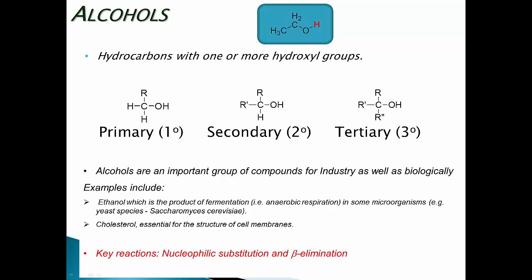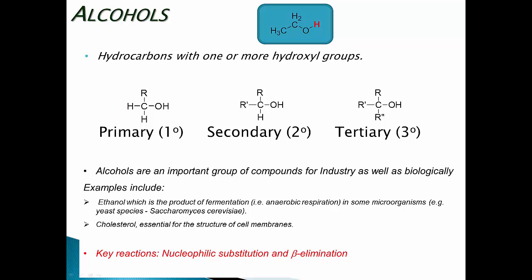this first section. Hydrocarbons, remember, are compounds that contain only carbon and hydrogen. That's where the name comes from, hydrocarbon. If you have a hydrocarbon with one or more hydroxyl groups, so an OH is a hydroxyl group, then that is called an alcohol.